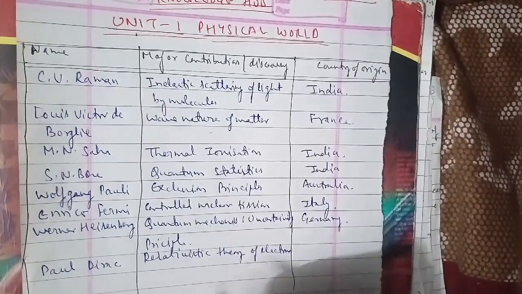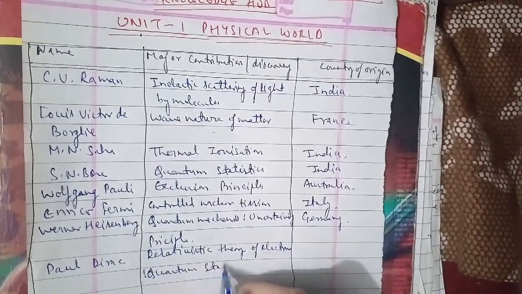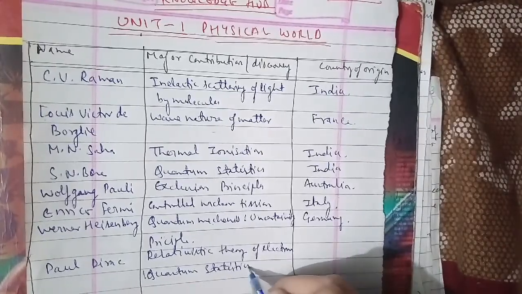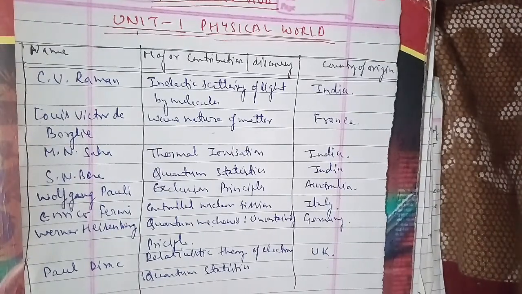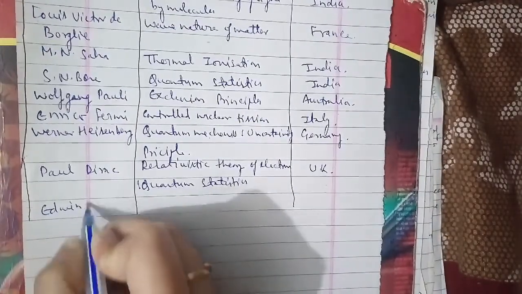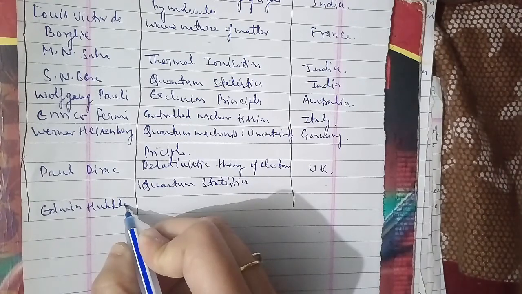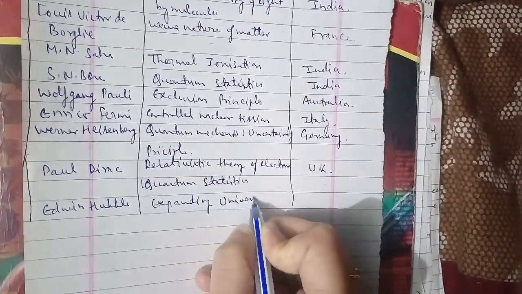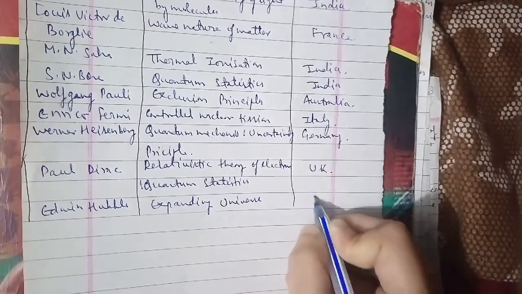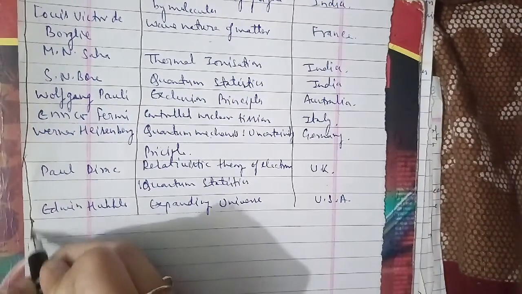Now we talk about the next one, Edwin Hubble. His discovery and contribution is the expanding universe, and the country of origin is the USA.